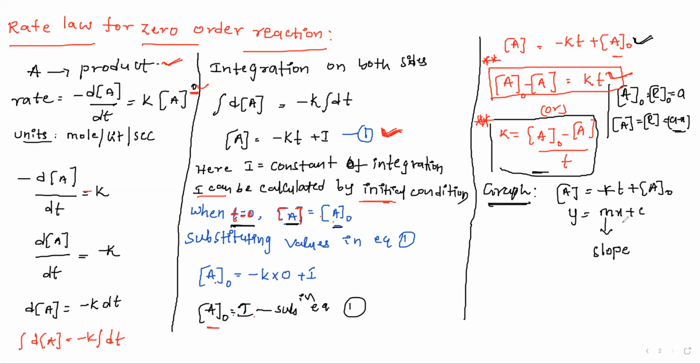The slope is negative, so we can draw this graph.